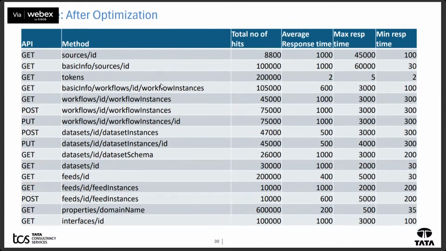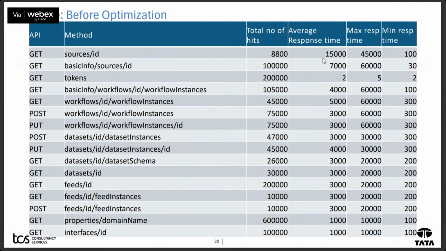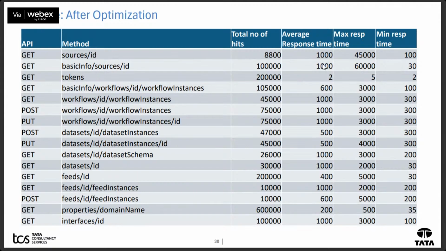over multiple releases, this is where we were able to reach, from here, which were 15 seconds, 7 seconds, 3 seconds, less than a second for almost all of them.